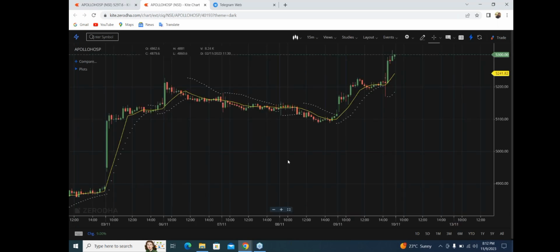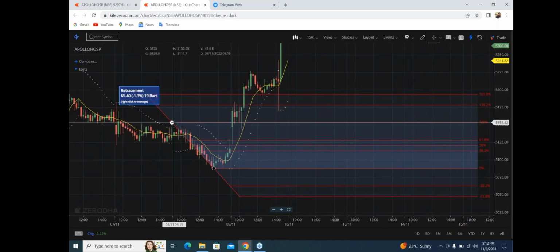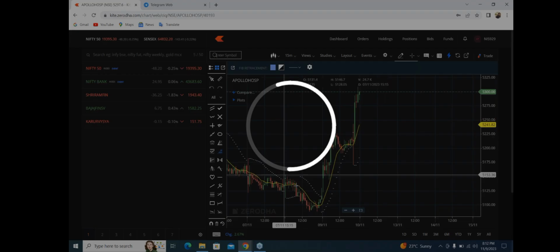Stages. Screen is constant. Is it moving now? So see, this is the previous day's highest point, and this is. So let's start off.